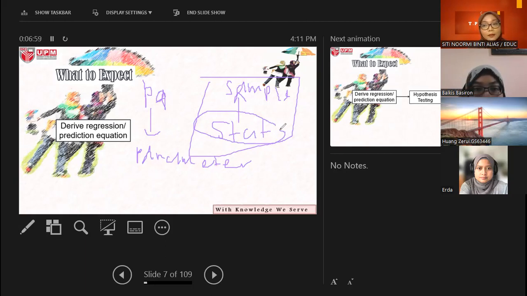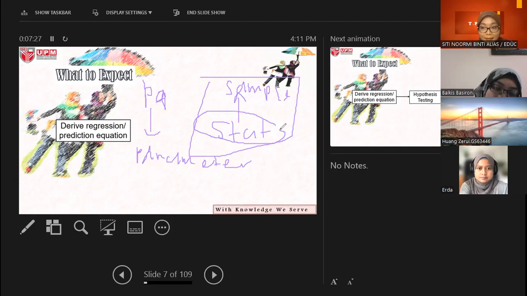The purpose of having a sample is that we want to make a conclusion from the sample to the population. So before we are able to do that, we need to apply a certain sampling technique when we select our sample, and it is compulsory to use random sampling.